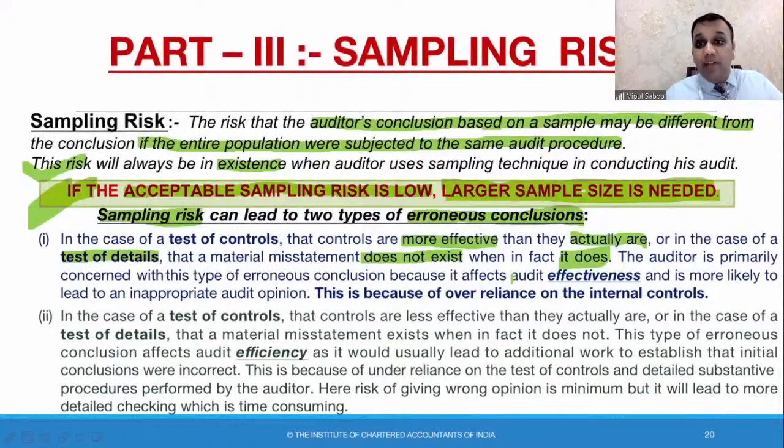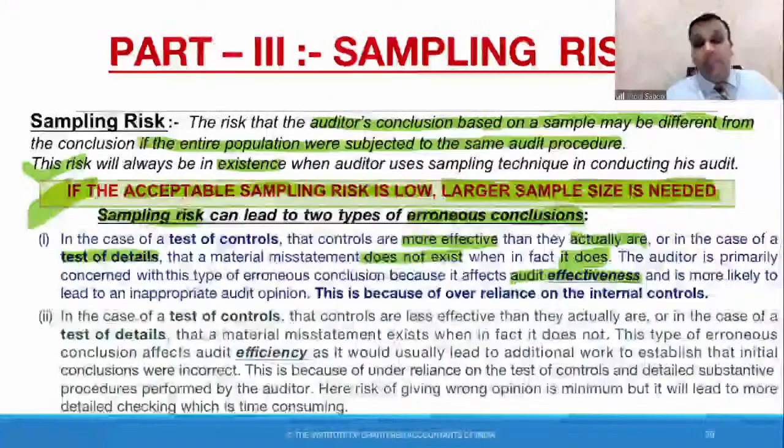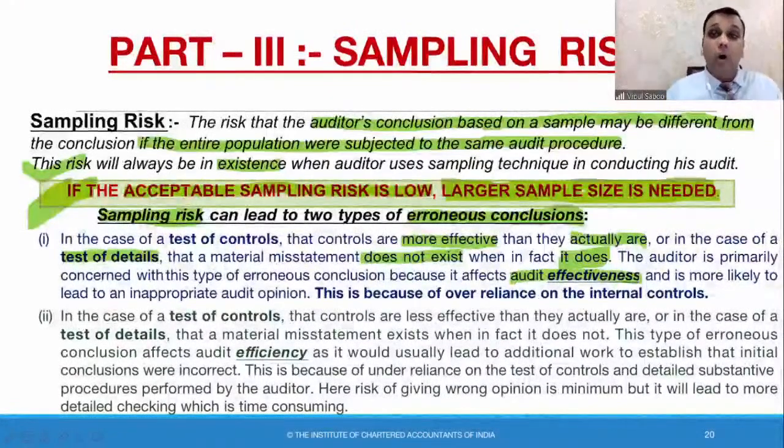Because it affects the audit effectiveness. The results of the audit are compromised. Effectiveness means something which is concerned with the results, and therefore it will give an inappropriate audit opinion because there is something wrong within the entity, but the auditor is giving a good opinion.